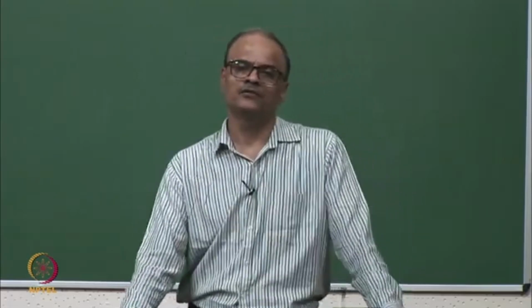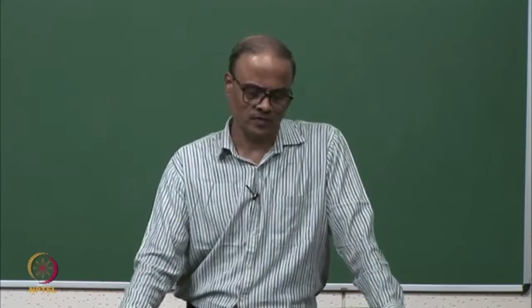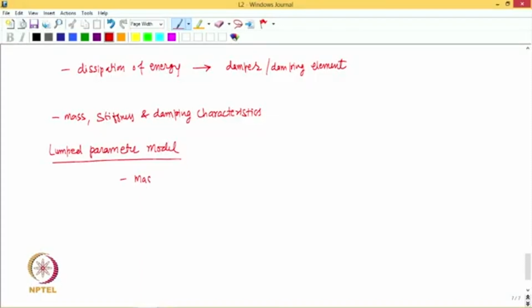And in what sense are they lumped? The properties which are being represented in the lump parameter model are mutually exclusive. In this, we represent the mass of the system by a rigid mass like this. We represent the stiffness by a spring element like this with stiffness K, and we represent the damping characteristics of the system using a viscous damper.